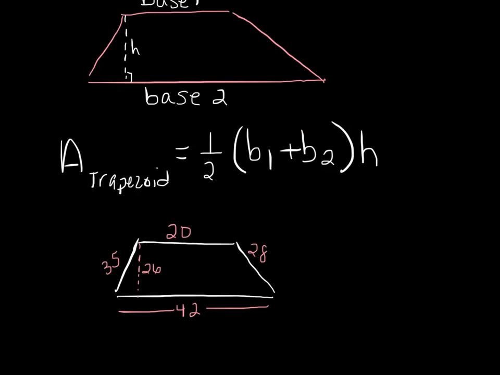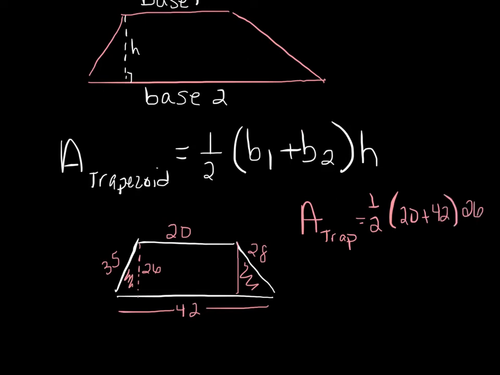Now you might be noticing that we could break this into two triangles and a rectangle, and we could find the area of each one of these 3 pieces and then add them together. We will end up with the same result if we do this. So let's apply our formula. The area of this trapezoid is equal to 1/2 of 20 plus 42 times the height of 26.